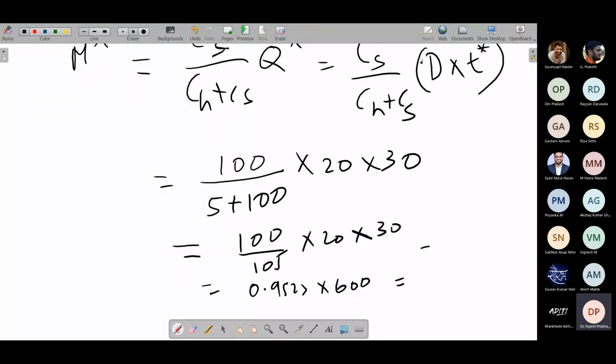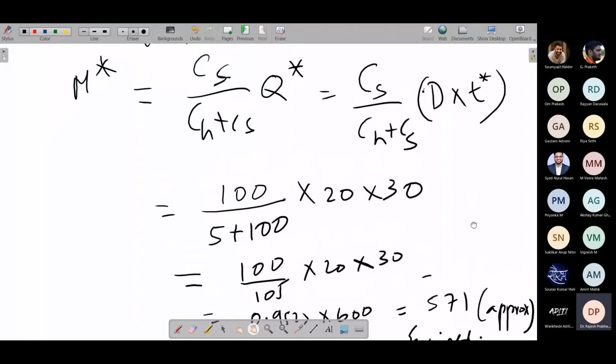Roughly 571 approximately. So we can maintain 571 engines as maximum inventory.